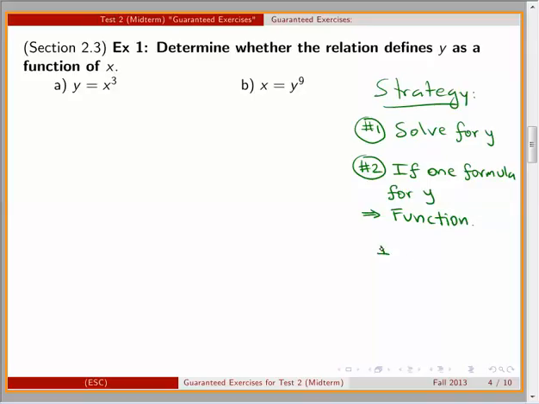If we have two or more formulas for y, then this equation does not give a function. So let me show you these examples, and then I'll give you guys another example to describe this better.